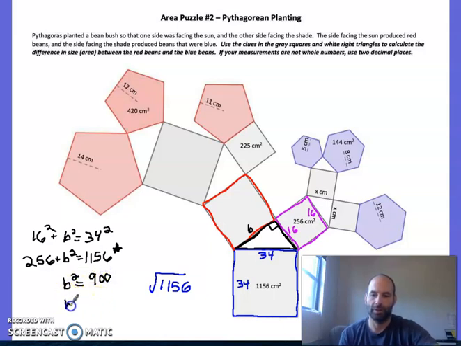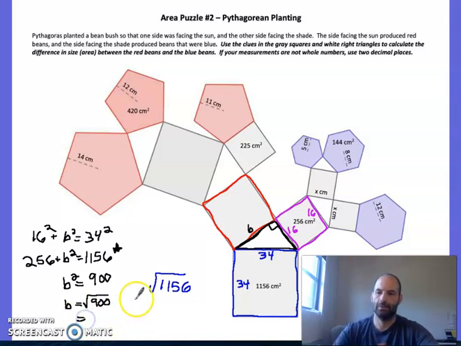So now that means the side is square root of 900, and that is 30. Should have known that. All right, b equals 30.